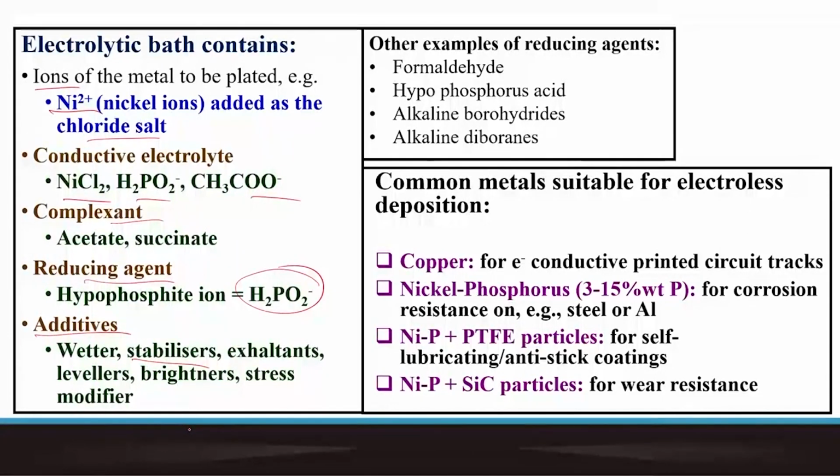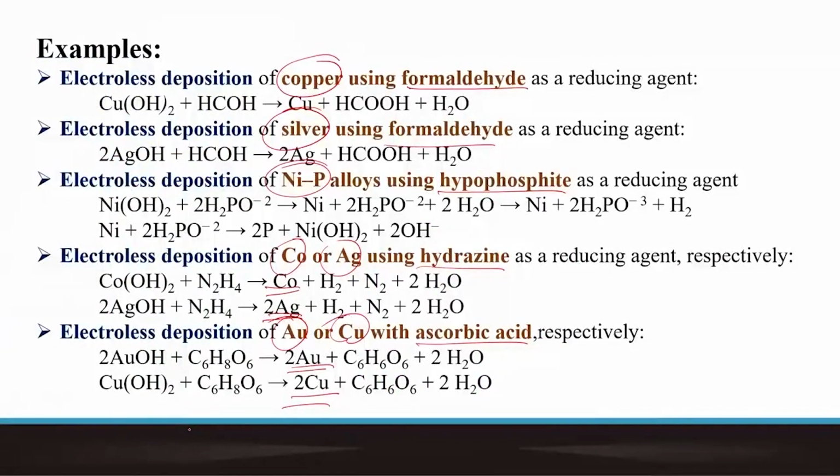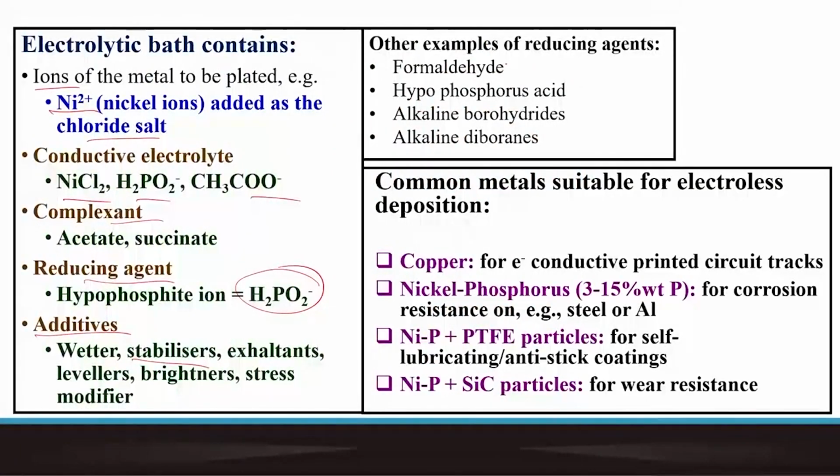So we have already talked about some of the reducing agents here, for example, hypophosphite, hydrazine, ascorbic acid. Formaldehyde is another very standard reducing agent, hypophosphorus acid or hypophosphite, borohydrides, diboranes. These are standard reducing agents.